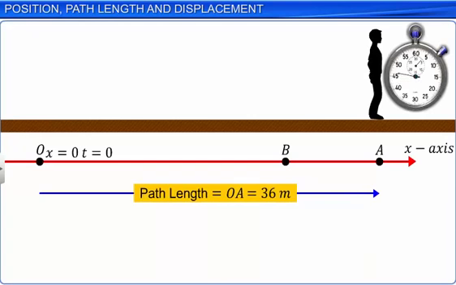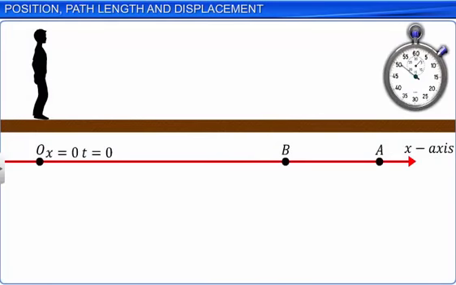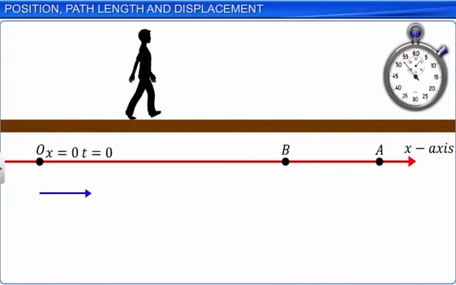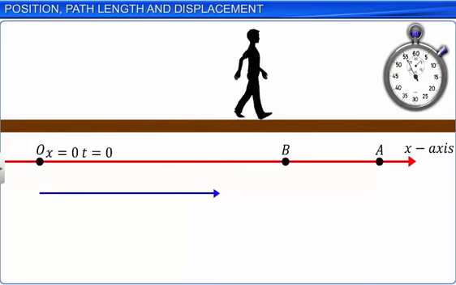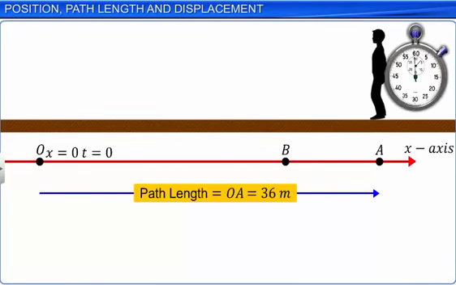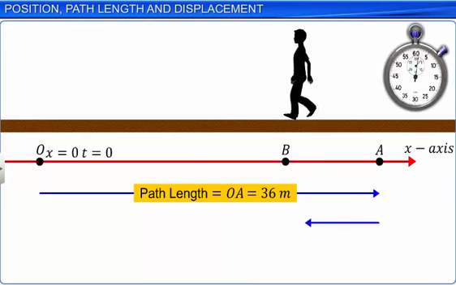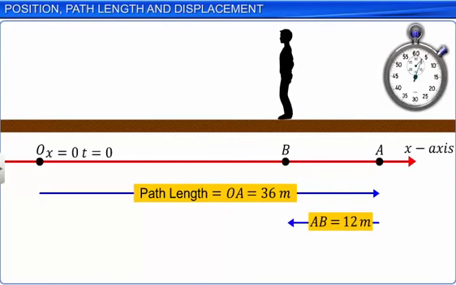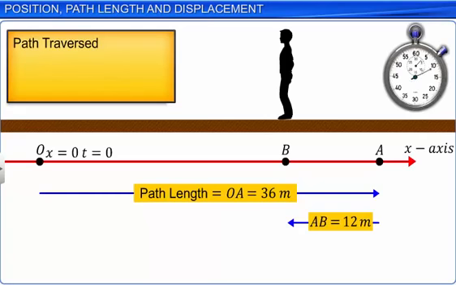In the second instance, the man moves from O to A and then moves back from A to B. The distance between points A and B is 12 meters. Now, the path length traversed by the man is OA plus AB, equal to 36 meters plus 12 meters, which is equal to 48 meters.